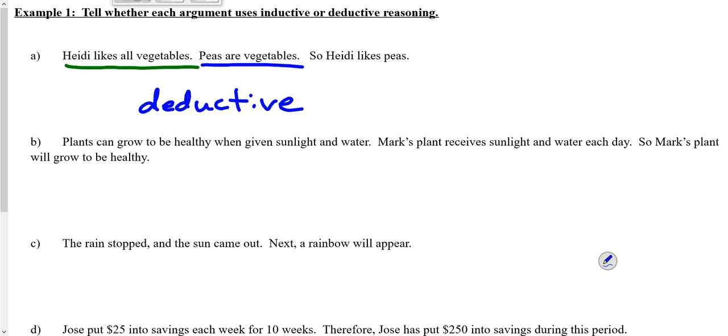All right, letter B. Plants can grow to be healthy when given sunlight and water. Mark's plants receive sunlight and water each day. So Mark's plants will grow to be healthy. So pause and think about this one for a little bit.